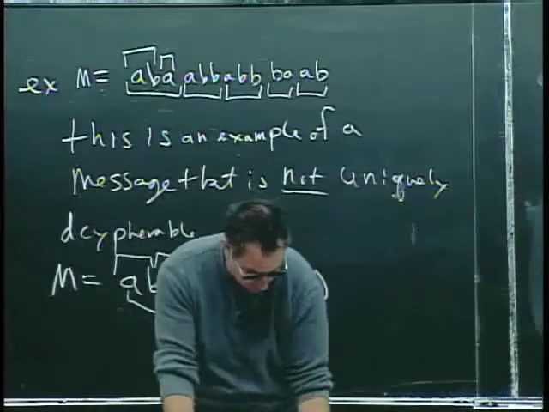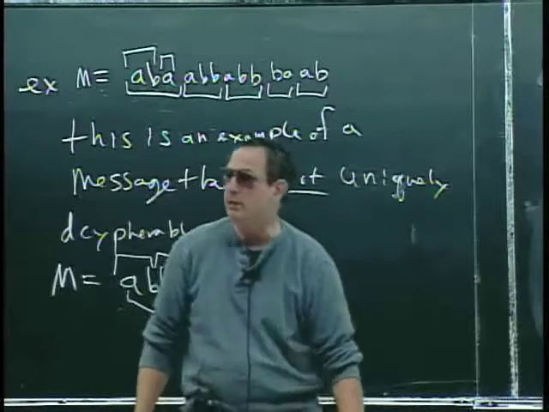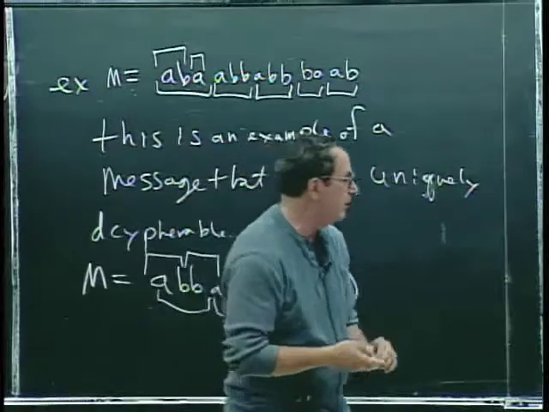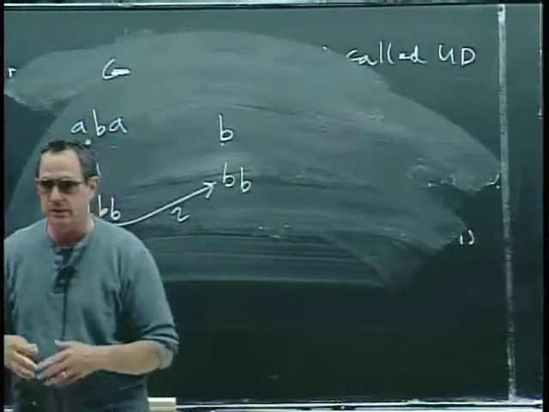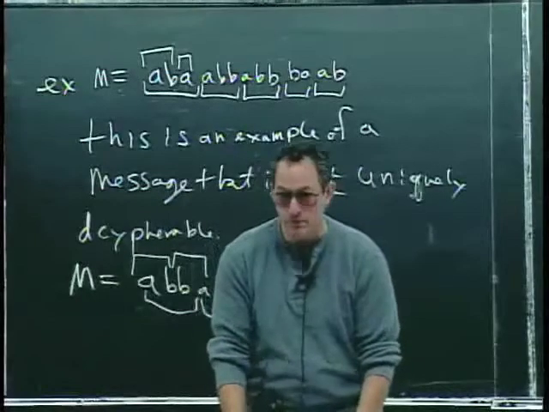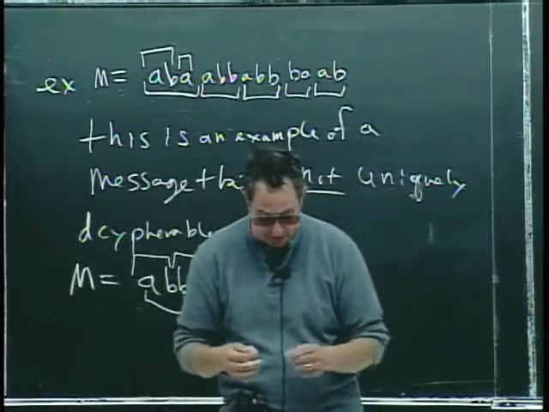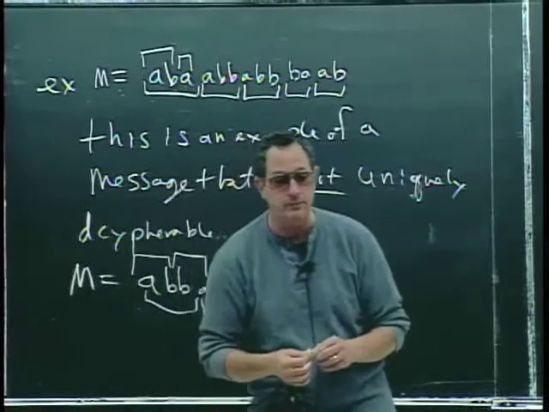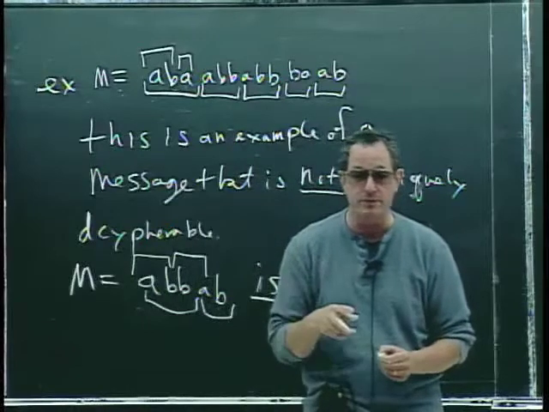All right, so let's try to prove the theorem. And I'm not going to get through it today, but the proof is essentially constructive. That is, when we assume that the code is not uniquely decipherable, we'll have one message with 2 different parses.